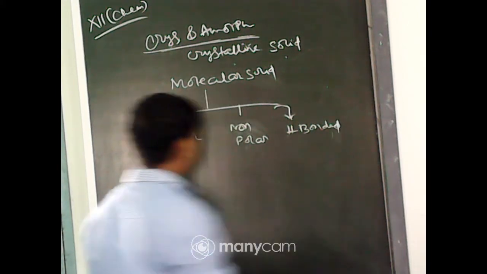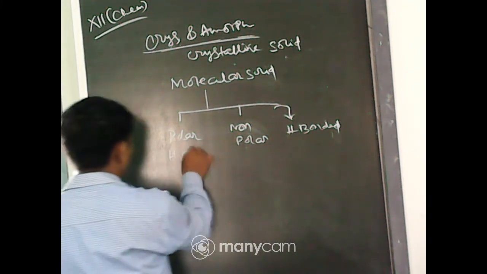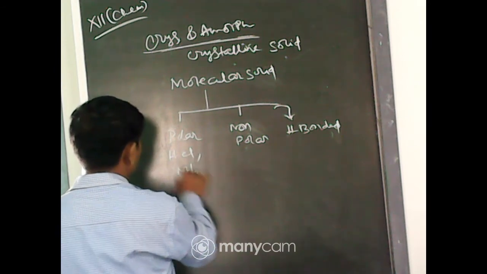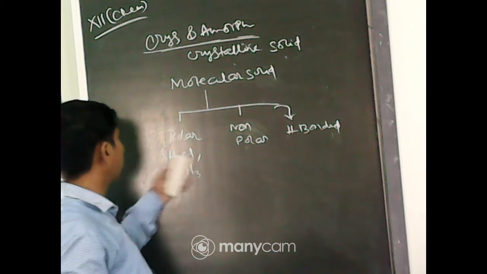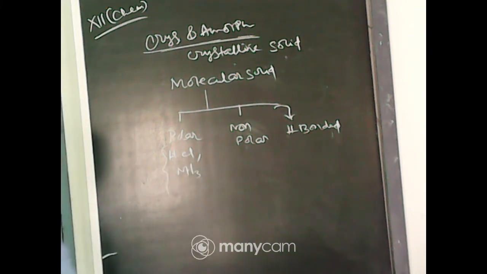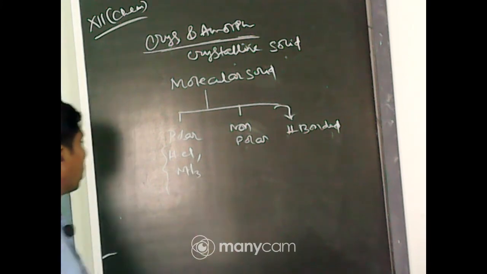So, first of all let us discuss the polar. Examples are HCl, NH3, such types of molecules, because there is an electronegativity difference between the constituent atoms, so it will be called a polar molecular solid.